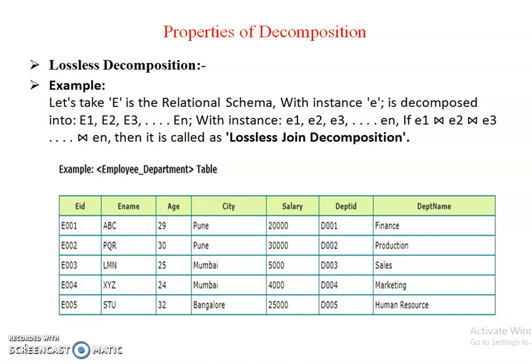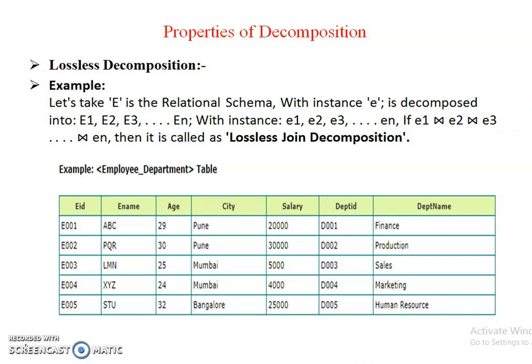If there is a loss of information, then it is called lossy decomposition. A decomposition is called lossless decomposition if there is no loss of information in the decomposition of the relation into smaller relations.